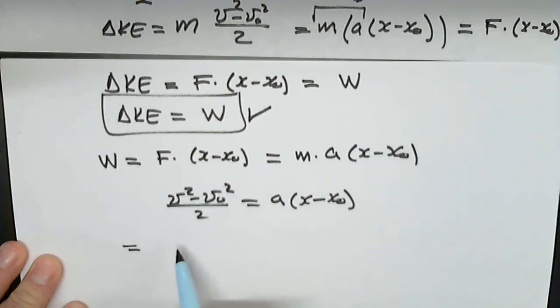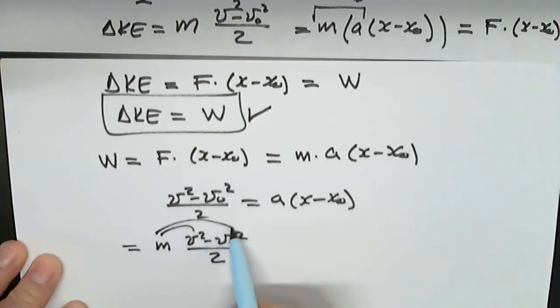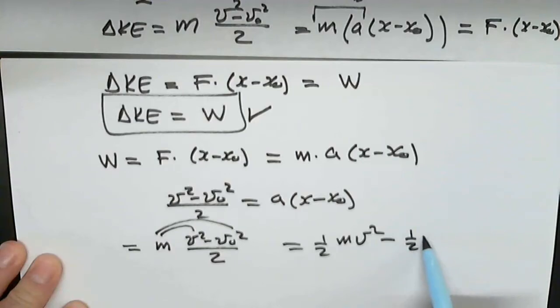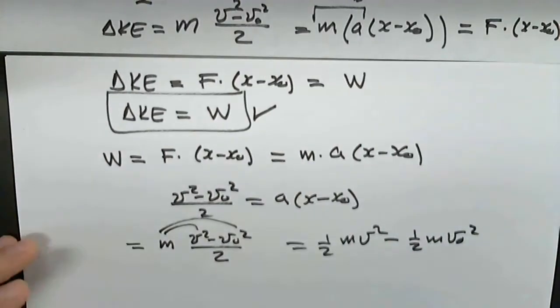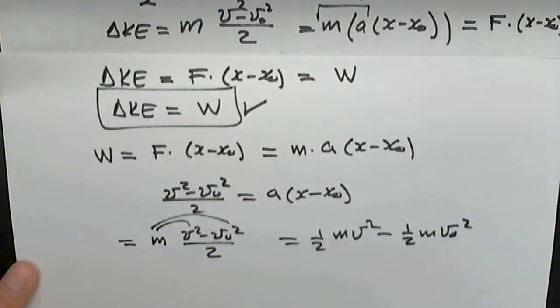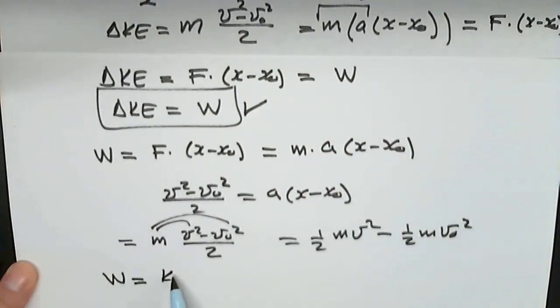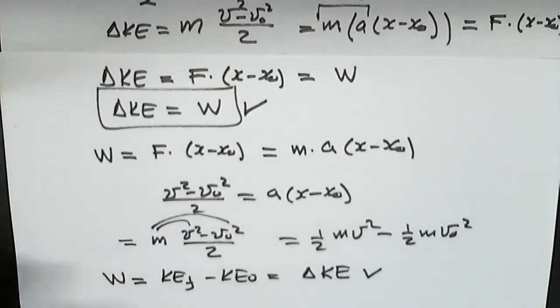So you get mass times v squared minus v naught squared over 2. Now distribute, and you get, it would be interesting to see if this works if the mass is changing in time, kinetic energy final minus kinetic energy initial. So either way, you get the same thing.